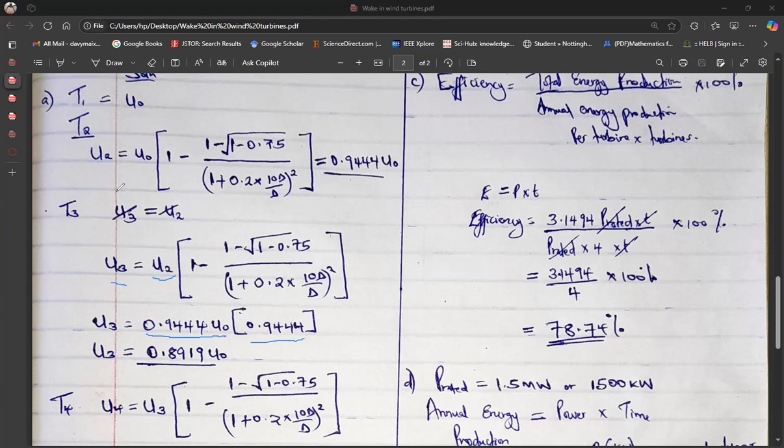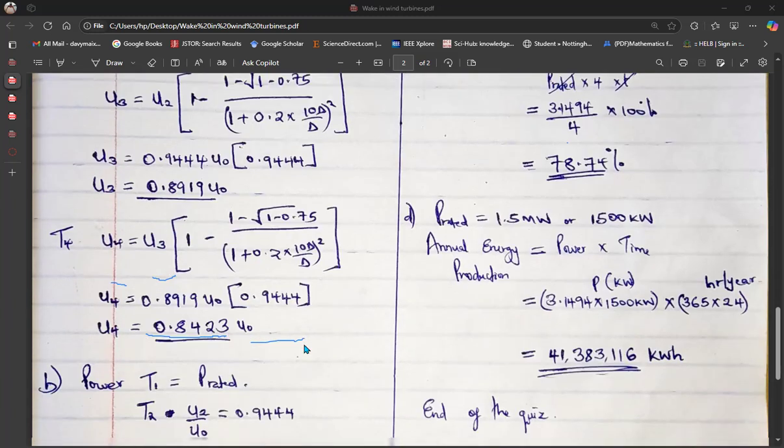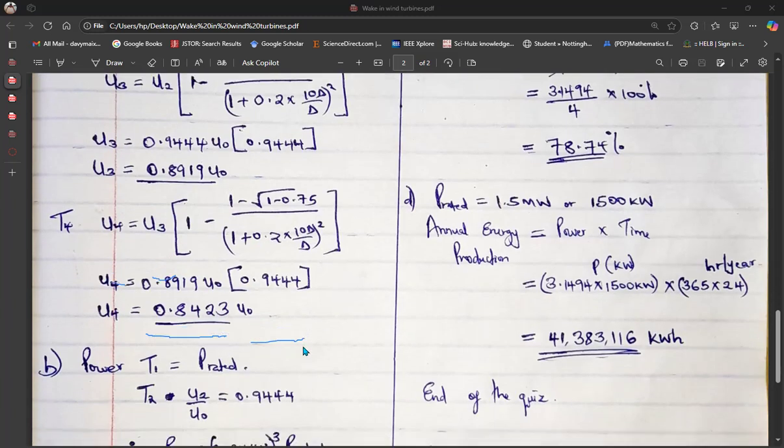And now, when you go to the fourth turbine, we expect that the speed being experienced by the third turbine, which is 0.8919 U0, to be less than that due to the wake of the third turbine. So we shall just use the normal formula. We now have U4 equal to, this is the upstream turbine which is causing the wake, but now we already know U3 being 0.8919 U0.